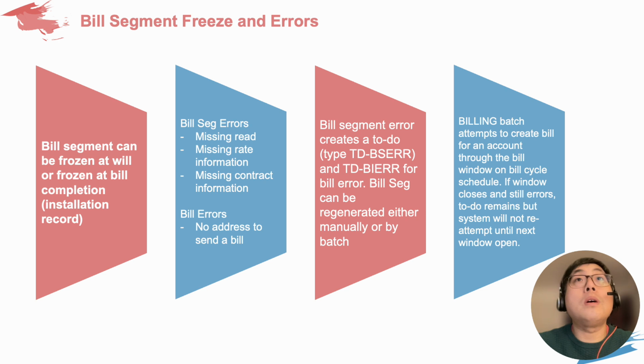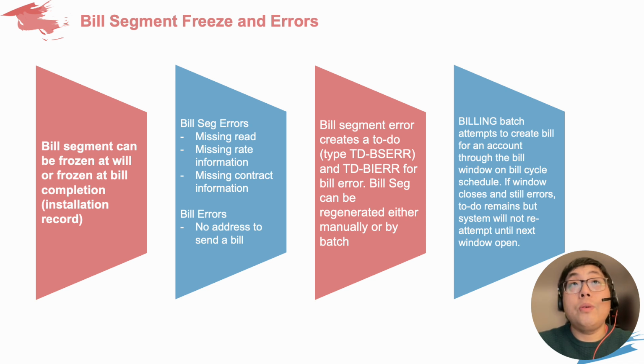Okay, so a few more things on bill segment. Bill segments can be frozen at will or frozen at bill completion. This is something you can define at the installation record. It is based on your project, and I've seen both of them being used.